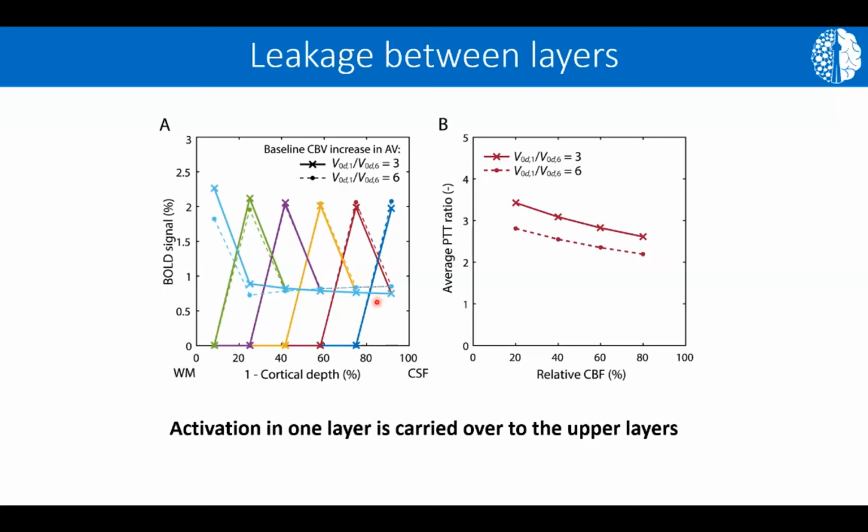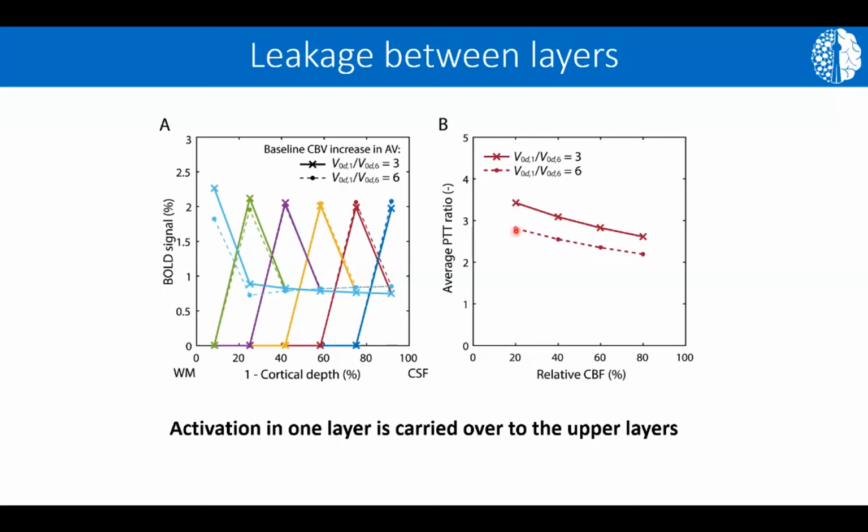This can be quantified as the so-called peak to tail ratio. So how big is this leakage to the upper layers compared to the peak? If the blood volume of veins increases by a factor of 3, which means the veins in the bottom layer have 3 times lower volume compared to the top layer, you would get this curve.